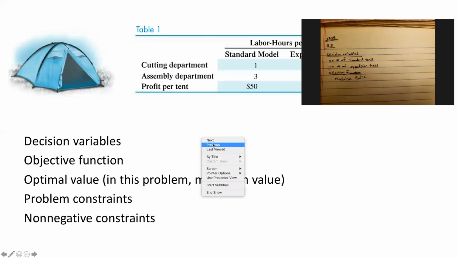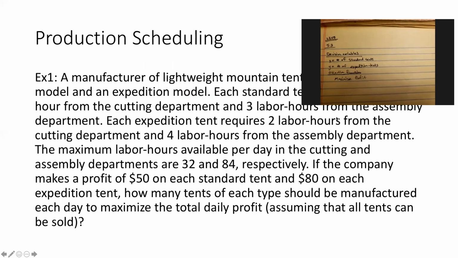If we go back to the previous slide, the company makes a profit of $50 on each standard tent and $80 on each expedition tent, so that means profit is equal to 50 times X plus 80 times Y. That's your profit function, right? The number of standard tents you sell times the amount you make for each tent, plus the amount you make on each expedition tent times the number of expedition tents you make.